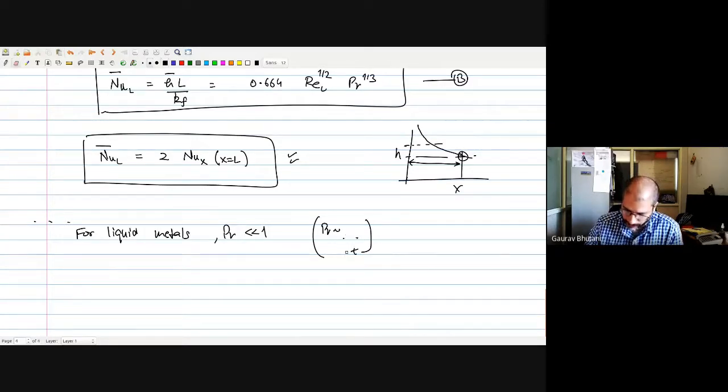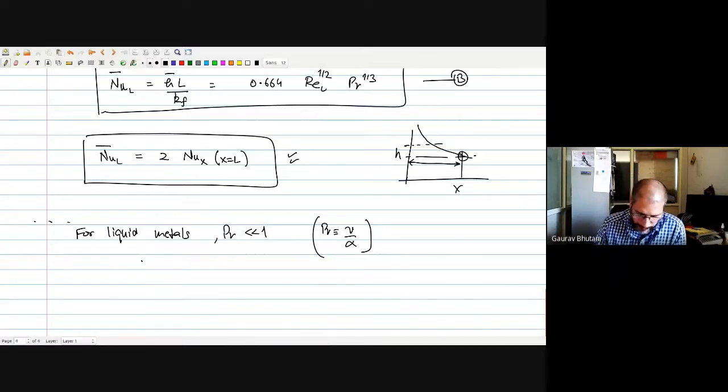Sorry, the Prandtl number is defined as nu by alpha. So for liquid metals, your alpha is much higher than nu. That means that the diffusion of energy is much higher than the diffusion of momentum.